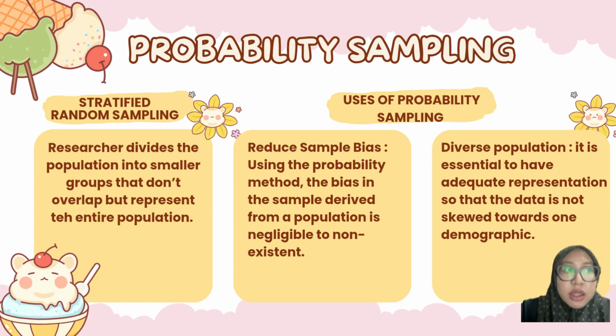The selection of the sample mainly depicts the understanding and the inference of the researcher. Probability sampling leads to higher quality data collection as the sample appropriately represents the population.